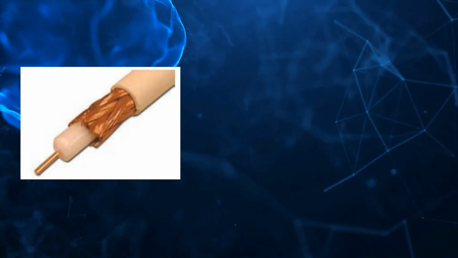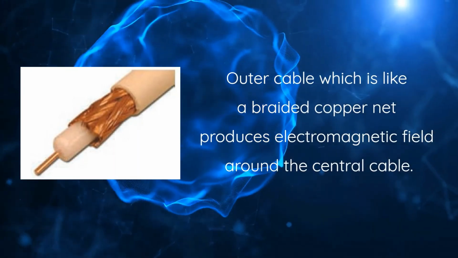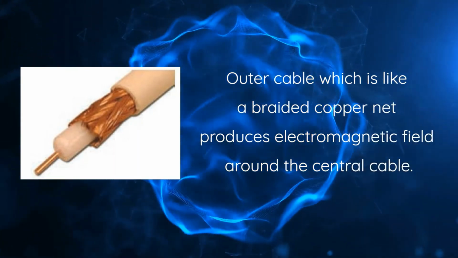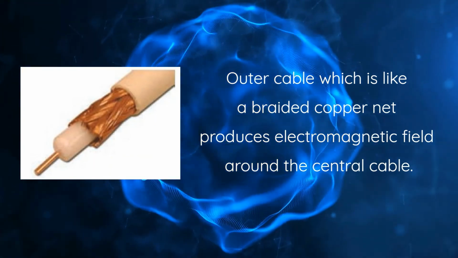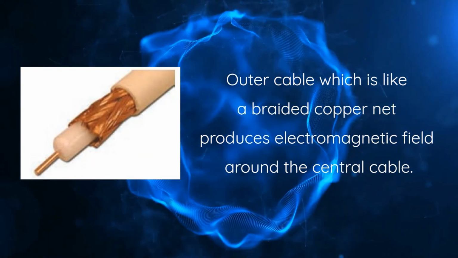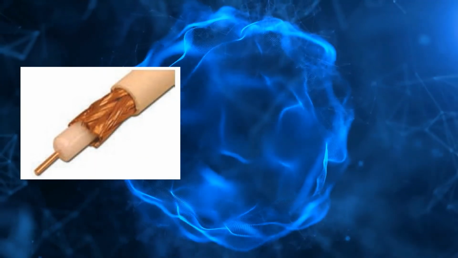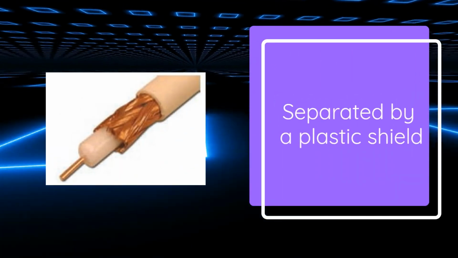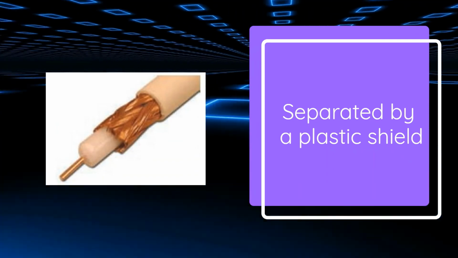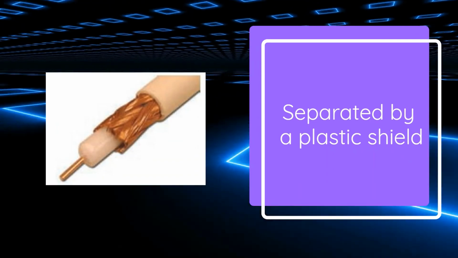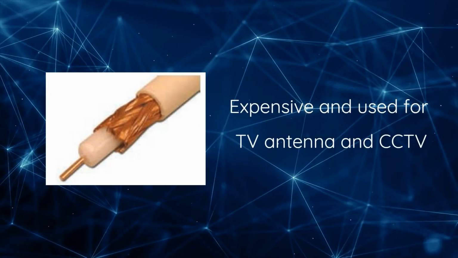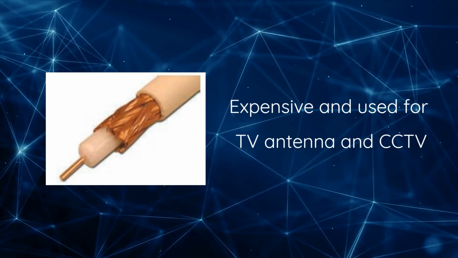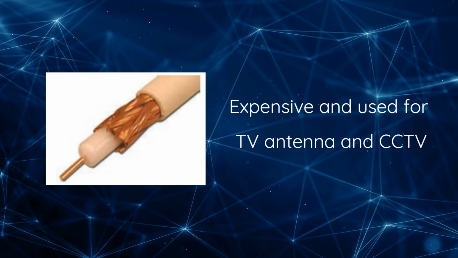The outer cable, which is like a braided copper net, produces electromagnetic field around the central cable. It is separated by a plastic shield. Also, it is expensive and used for TV antenna and CCTV.